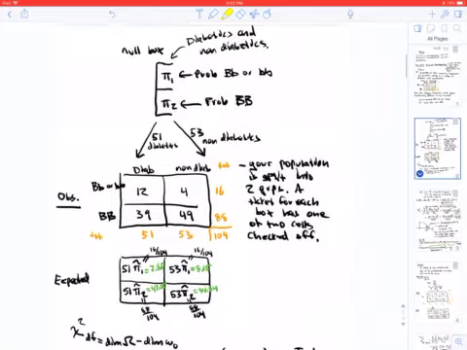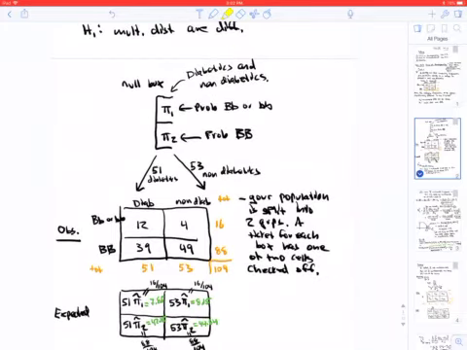And so what is that? For the first cell here, what it should be is 51 diabetics times pi1, the probability of being allele type BB or BB. So it should be 51 pi1 here, except that we don't know what pi1 is, so we have to estimate it.